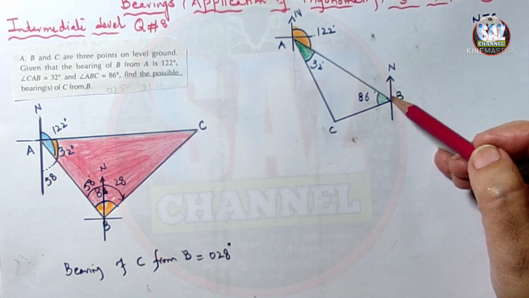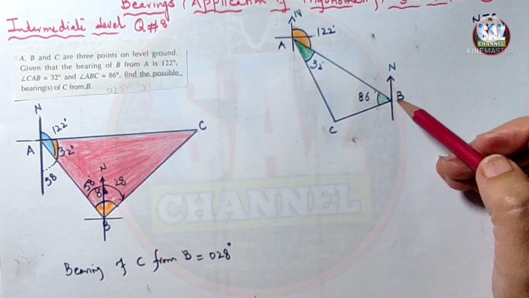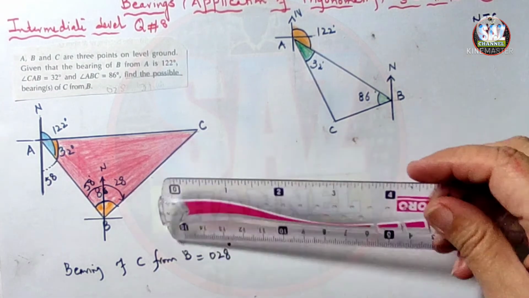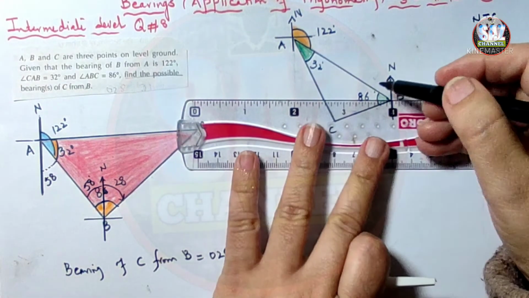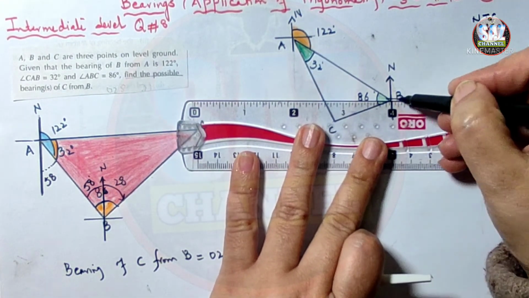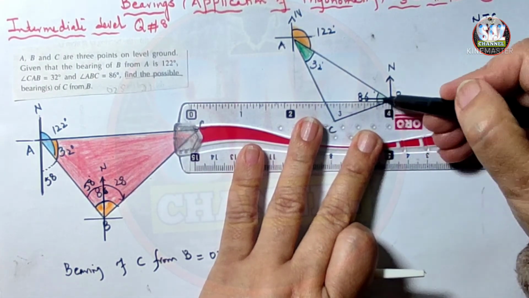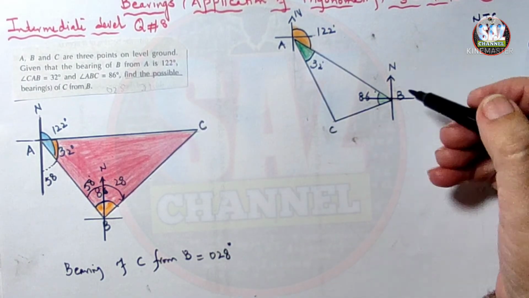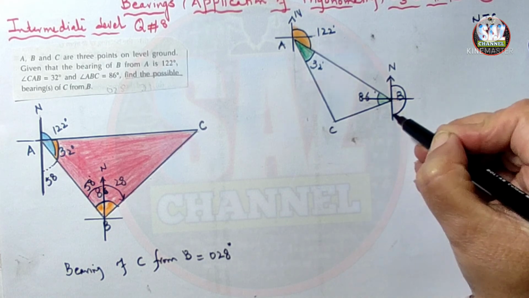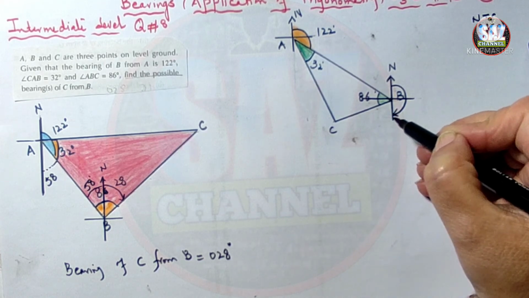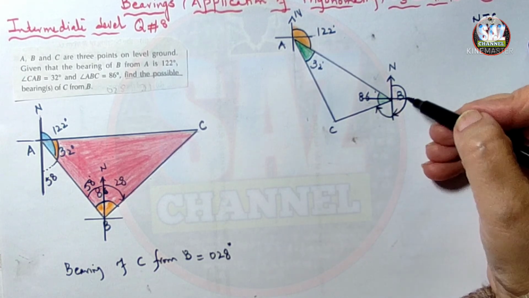Now if we think that B is at this position and C is at this position, again we have to find the bearing of C from B. First I have to draw the compass at vertex B. Okay, and then I have to see how much turn we are taking. Look, I have to start the movement from the north of B, and this turn is a semicircle, 180 degrees, and then I have to move further as well to reach this point.